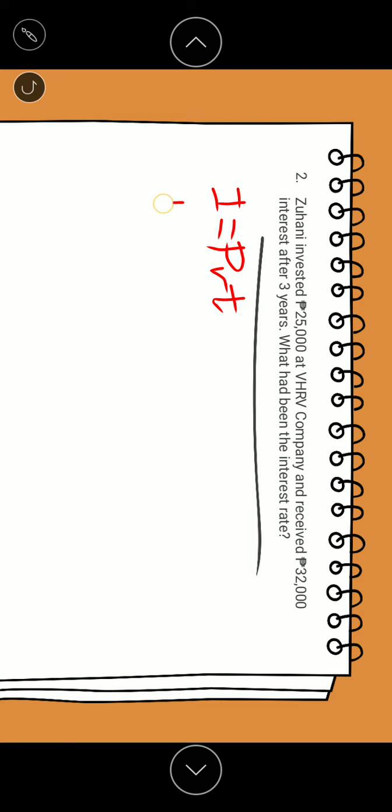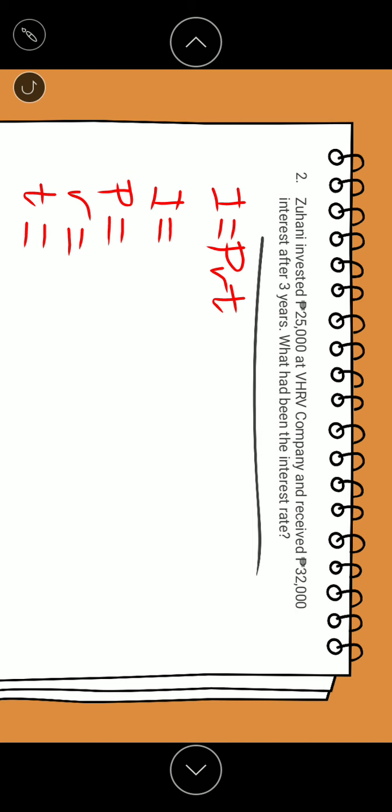So we write I equals, P equals, R equals, T equals.